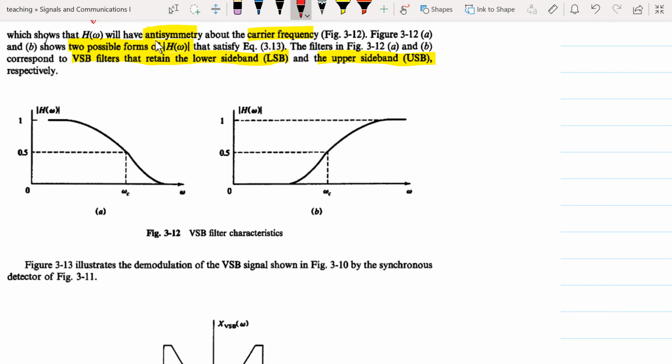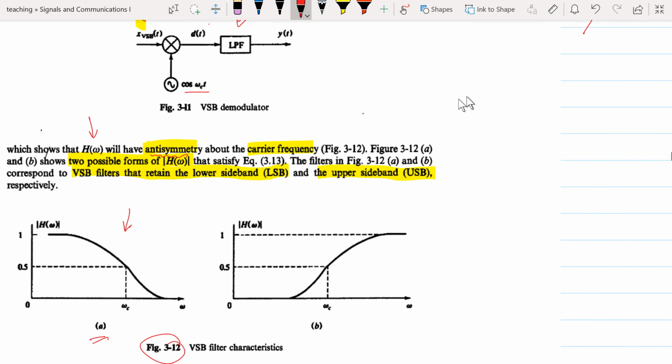The anti-symmetry is clearly visible in figure 3.12a, whereby one term of equation 3.13 illustrates the filter as indicated by 3.12a, and the other form is, if you look at the omega c, you are either cutting the upper sideband or the lower sideband.